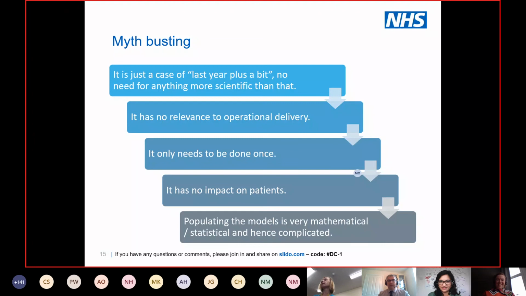The whole of your demand and capacity journey is around improving patient experience, improving experience for the clinicians working with those patients. And it's probably one of the biggest things here, that it's about improving that patient journey. Populating the models, very mathematical, statistical, and hence complicated. Actually, once you've understood some of the processes involved, filling the models in is probably one of the more straightforward parts of your journey.